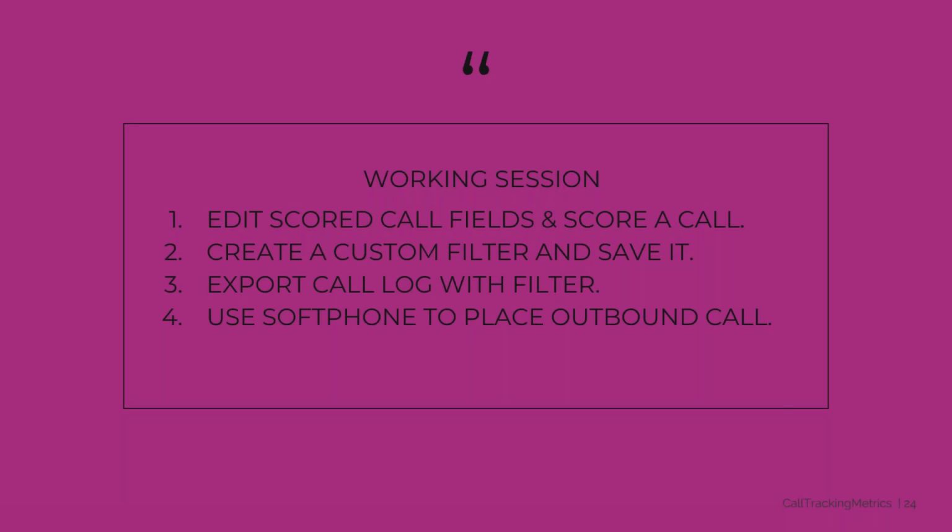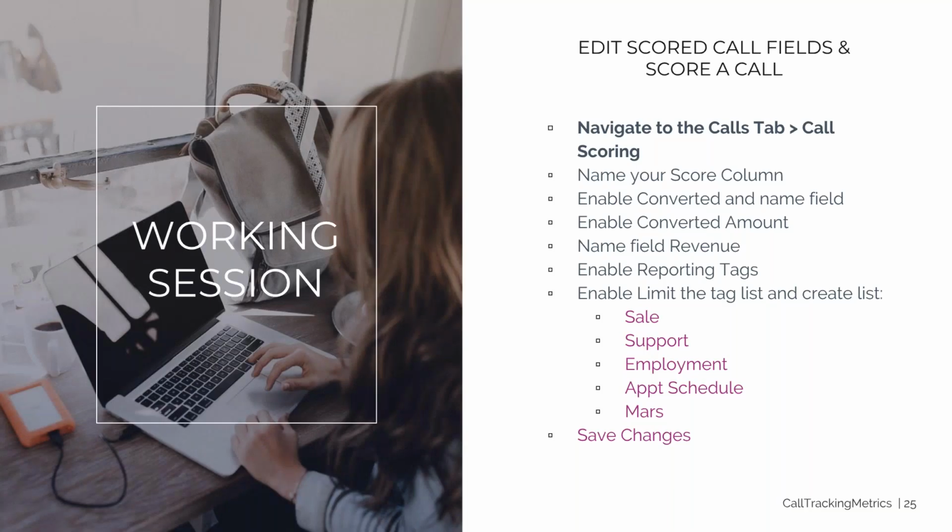So what we're going to do is a quick working session. We already edited the score call fields and score to call. So what we'll do is go ahead and create a custom filter and save it, and then we'll export the call log with that filter, and then we'll use the Softphone to place an outbound call. So let's go ahead and do that.